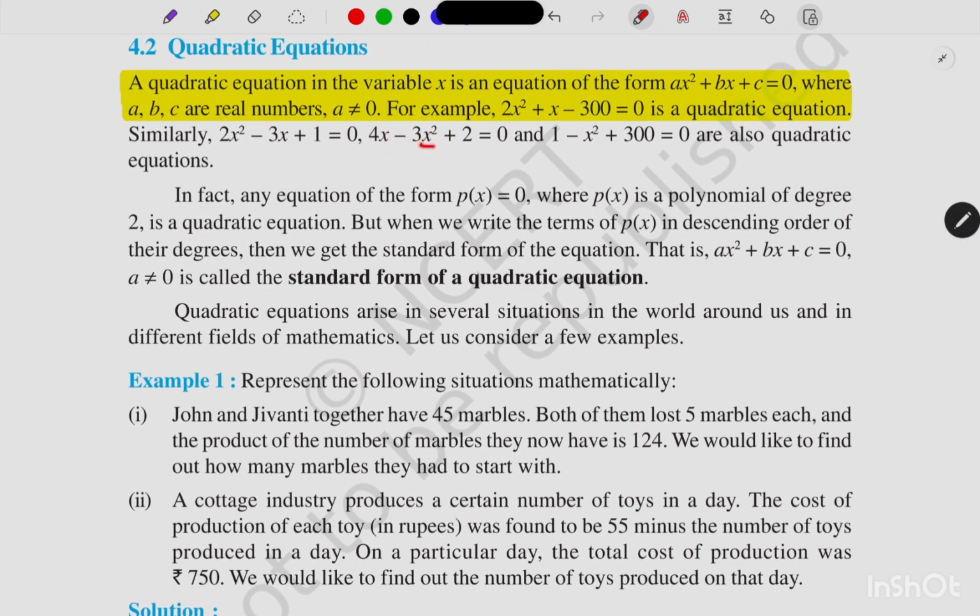If there is an x² term, there is an x term, and there is a constant, and this is equal to 0, it shall be a quadratic equation in case all these are what? Real numbers, and the coefficient of x², that is −3 in this case, check, is not equal to 0.